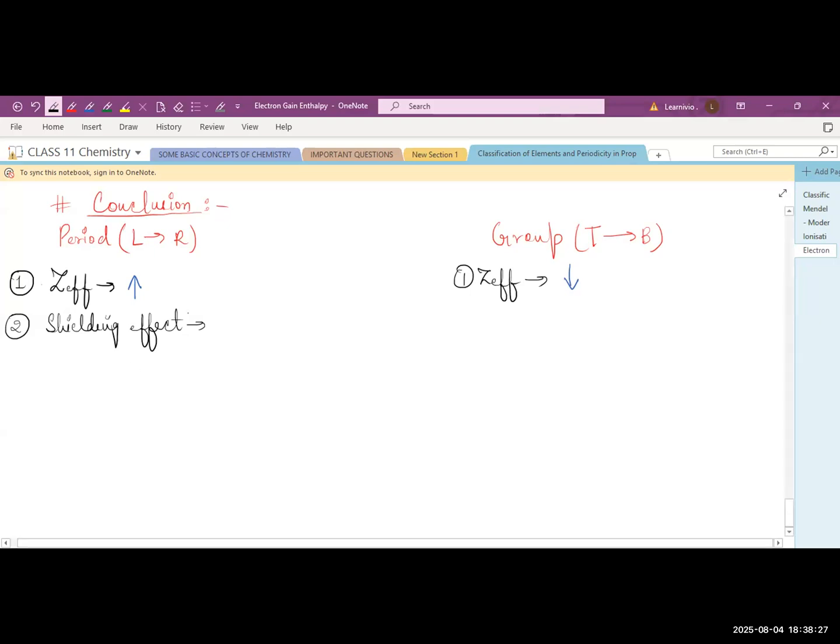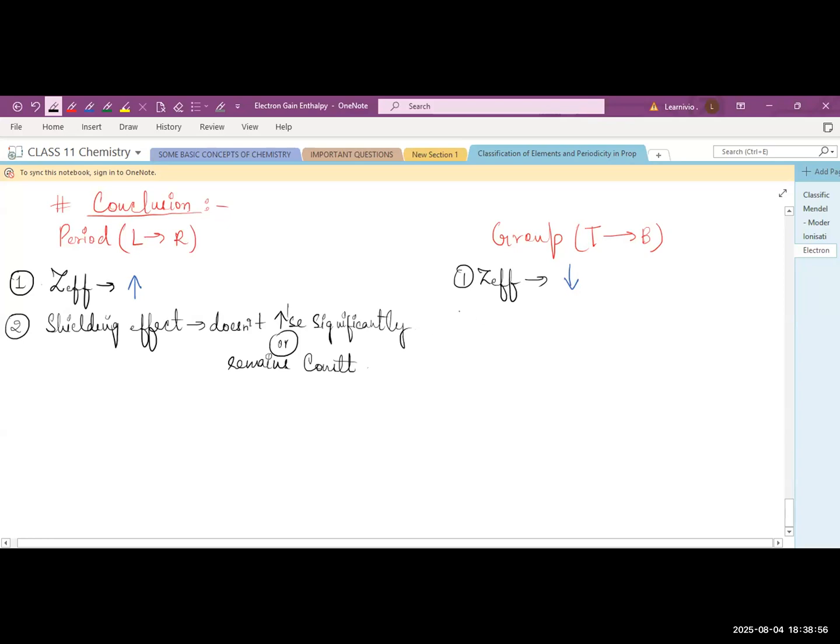So you can write: remains constant or doesn't increase significantly. Overall, the shielding effect remains constant when you move from left to right across a period.